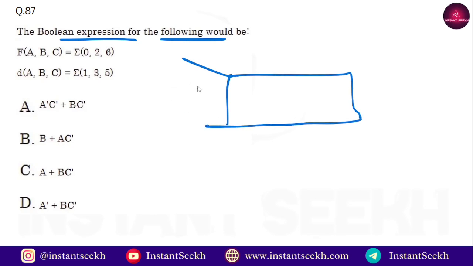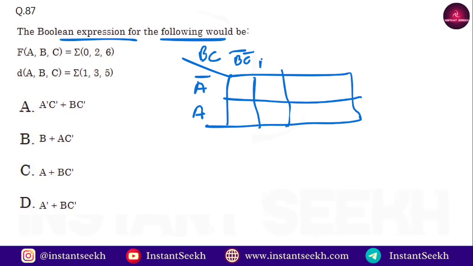Here we have A bar, and here we have A. Then BC at the top: B bar C bar, then comes B bar C, then comes BC, and then comes BC bar. Okay, so this will be the pattern.